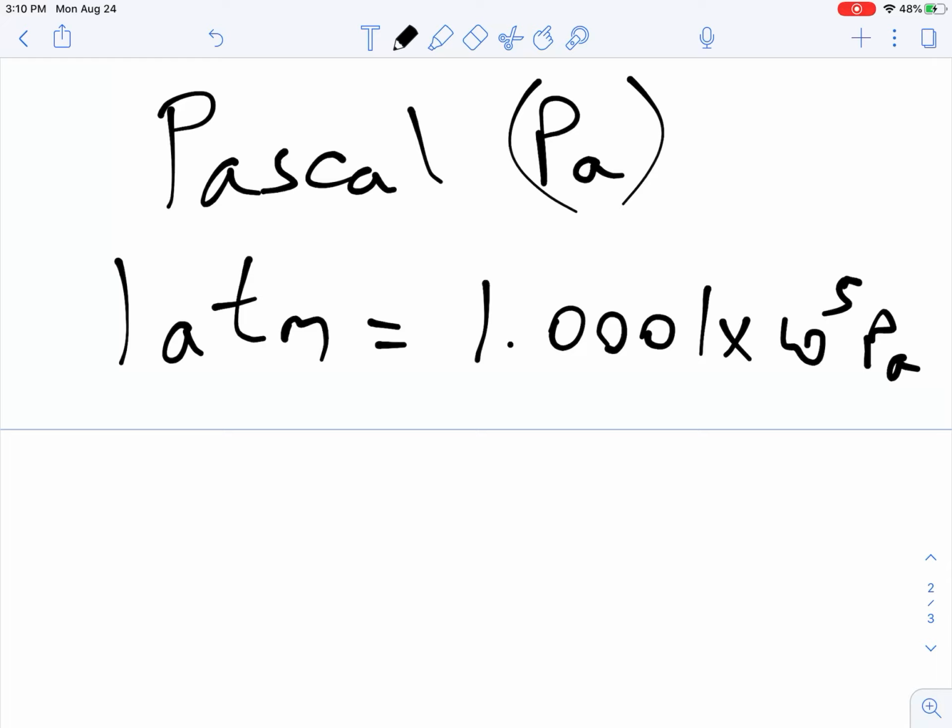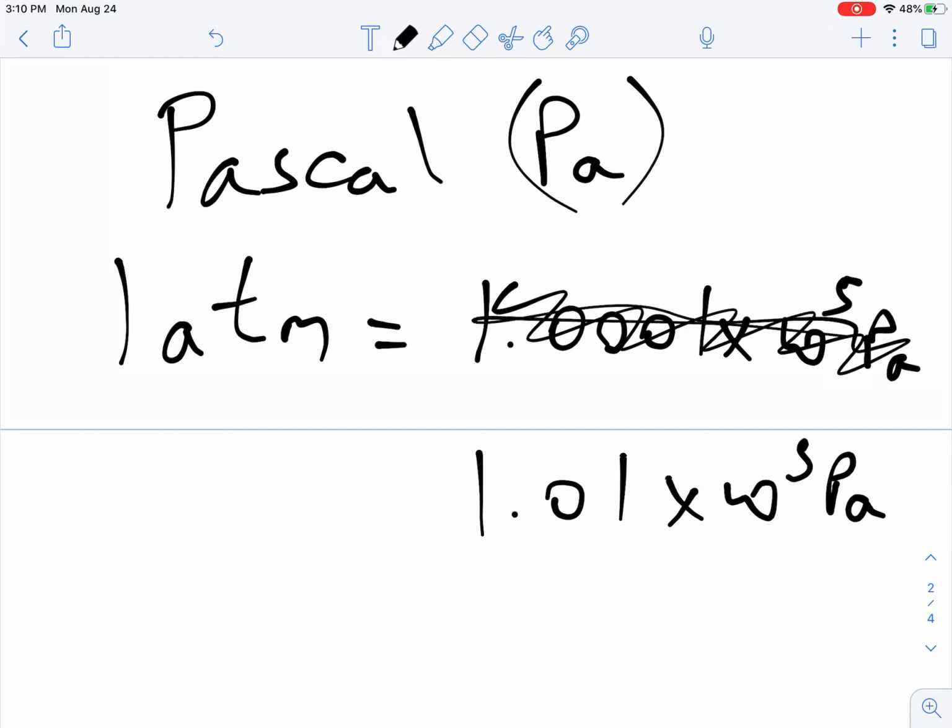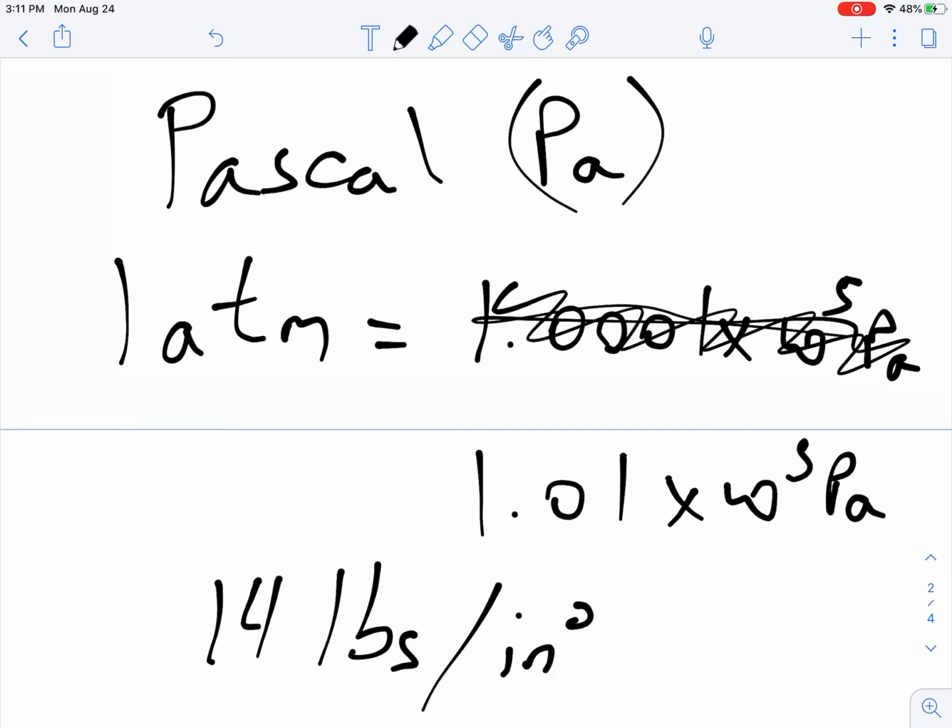Maybe I went to too many zeros. I'm doing this off the top of my head, so I might have got the number of zeros wrong. Now that I'm thinking about it, it might actually be 1.01 times 10 to the 5 pascals. My memory's getting better about that one, so let's go with that. Anyways, really close to 1 times 10 to the 5 pascals. Another number you might be familiar with for pressure is 14 pounds per square inch.